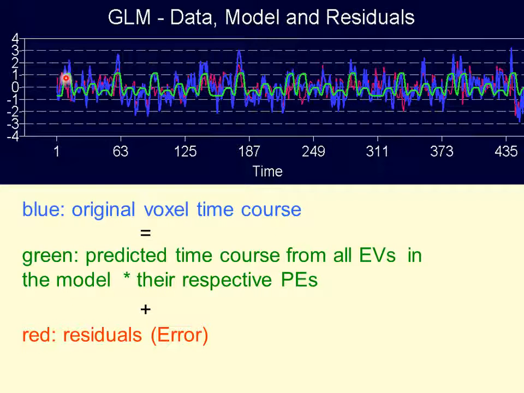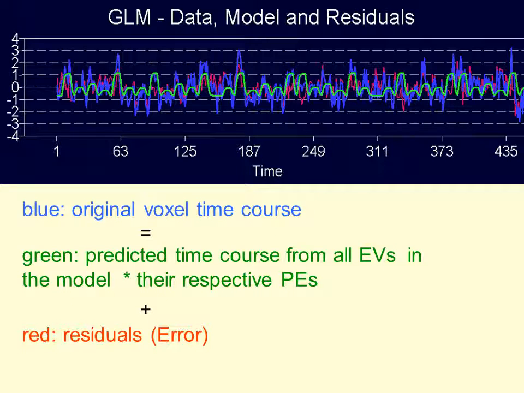When the blue line is higher, the model tends to be higher, but it doesn't manage to capture the full amplitude of the changes in the data, so then that results in this red residual line being something other than a flat 0 right across the time course. That's just the data time course minus the model time course.